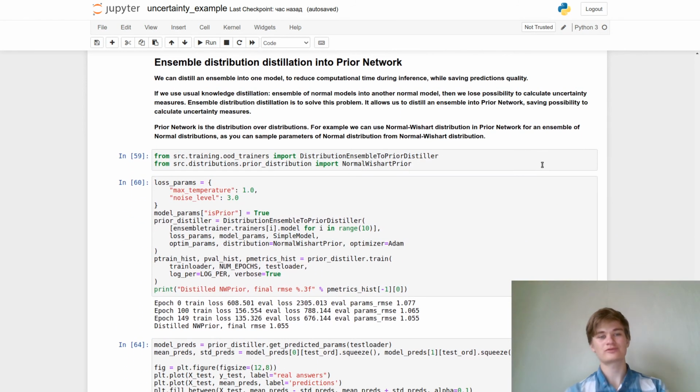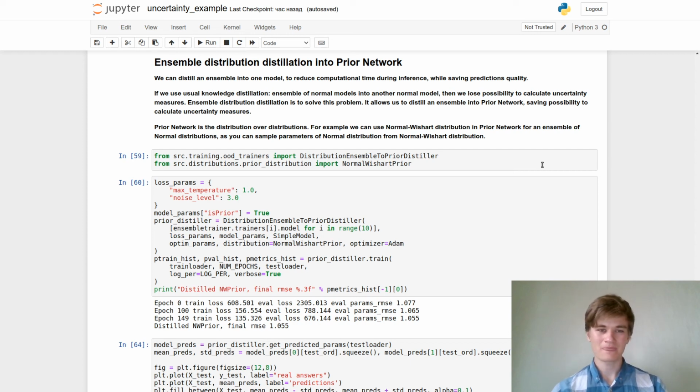Okay, let's move on to ensemble distribution distillation. It is usual to distill an ensemble of models into one model in order to save computational time and predictive performance.